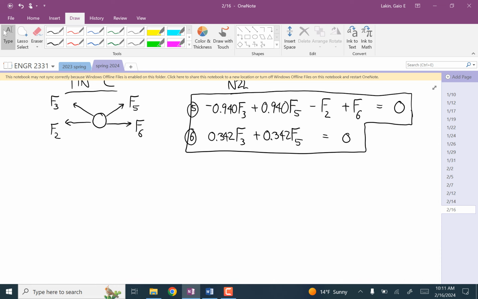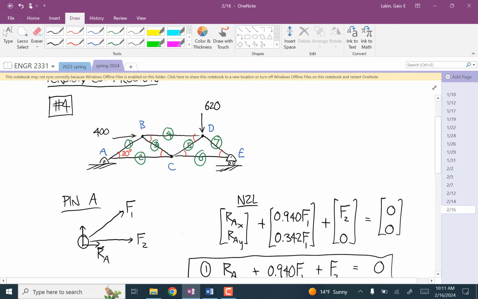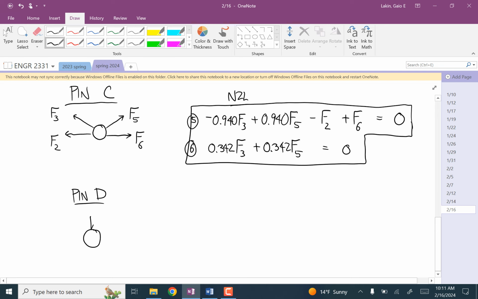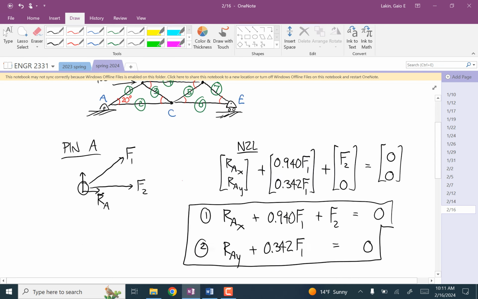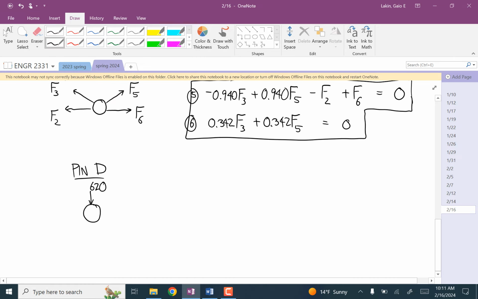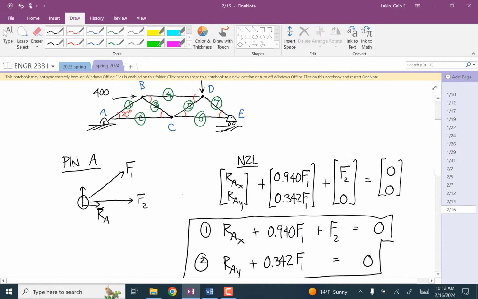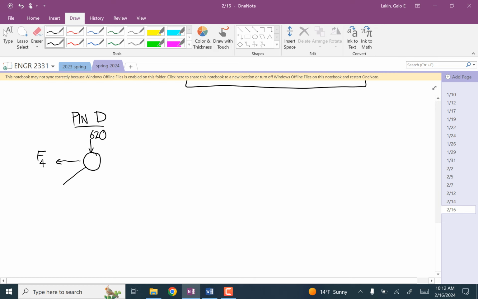And now pin D. We have the 620 newtons acting down. F4 that way. And then F5 and F7.